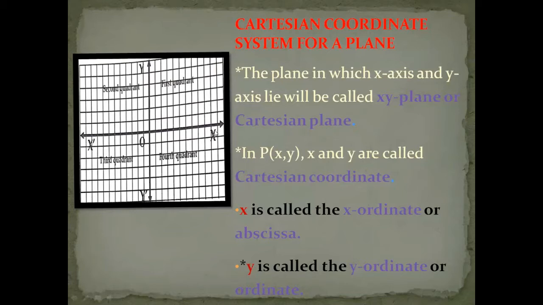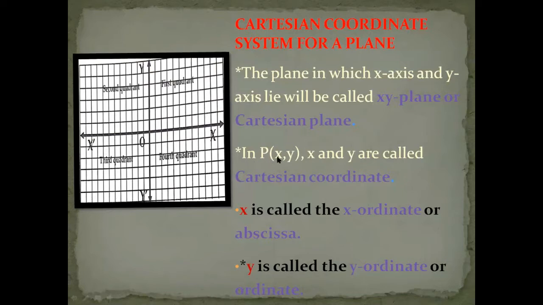The plane in which the x and y axes lie is called the xy plane or Cartesian plane.